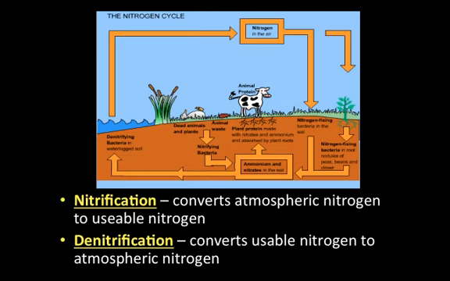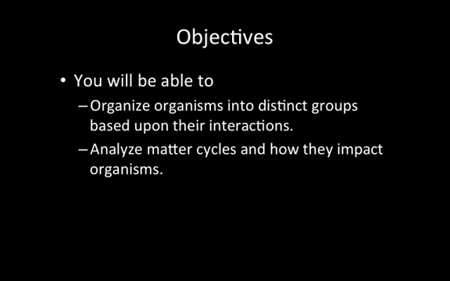When we have too much nitrogen within the soil, the process of denitrification converts that usable nitrogen into atmospheric nitrogen. This is how certain bacteria obtain their energy. The nitrogen is then released back into the atmosphere, and the cycle occurs over again. So this continual process is the nitrogen cycle, very similar to that of the carbon and the water cycle.